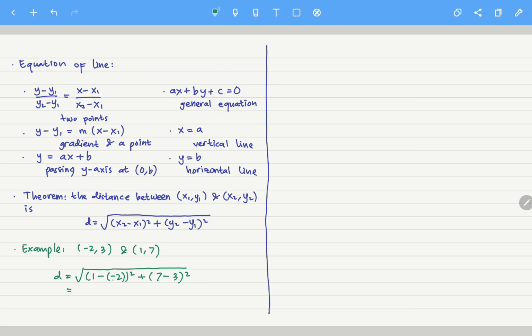So 1 minus minus 2 is equal to 3, so we get 3 squared plus 4 squared. This is square root of 9 plus 16. 9 plus 16 is equal to 25. Square root of 25 is equal to 5.